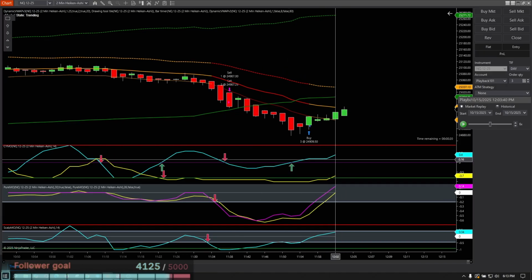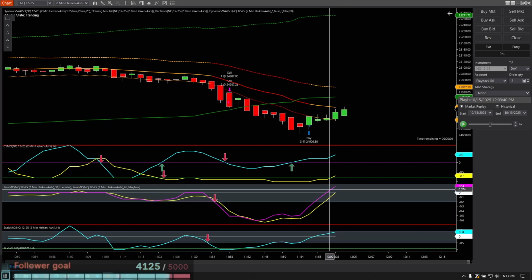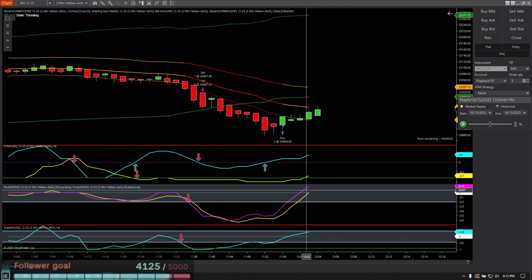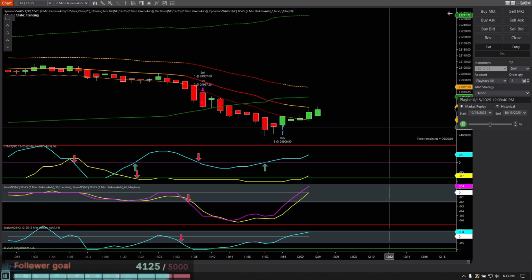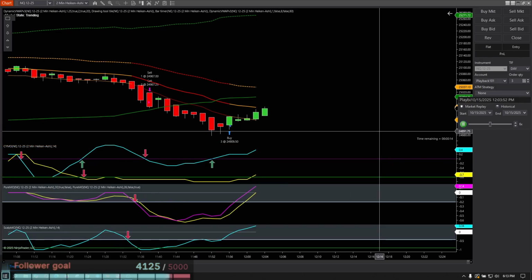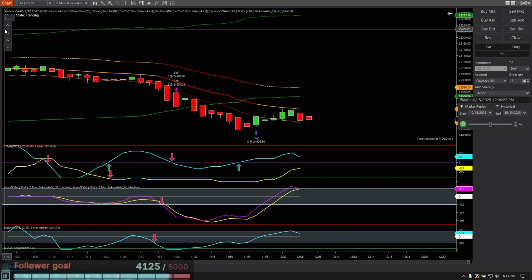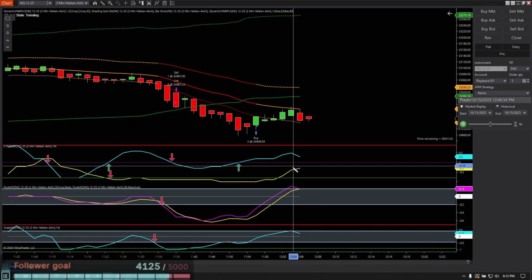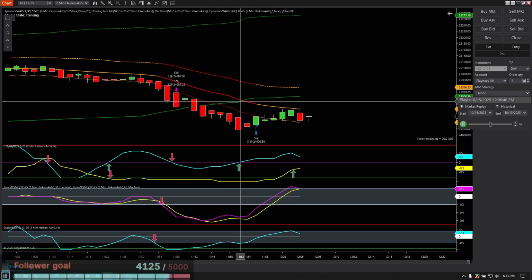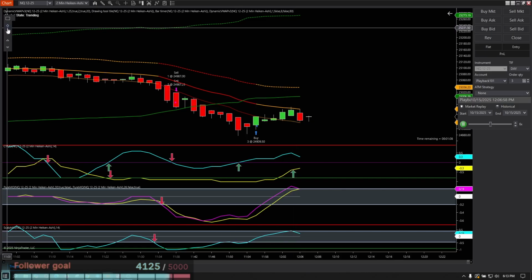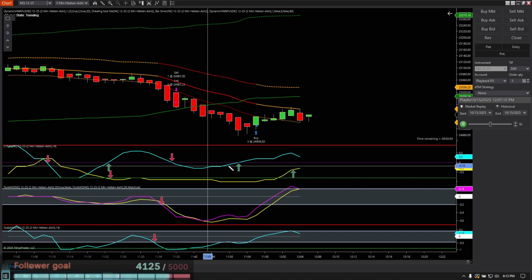You have cycle going up, momentum going up, but momentum right here has not shifted up strong enough. So let's see where it goes. And if it does shift up, then we'll go ahead and take that trade. Let's wait to see if we can get momentum just a little. Oh, well, no. I was hoping to get momentum a little bit higher to the 0 line right there. It's still below 0.